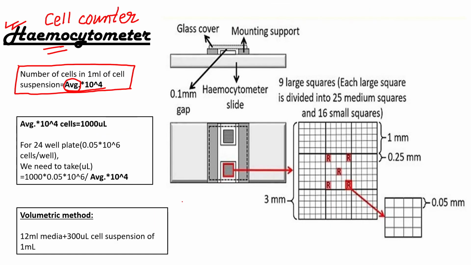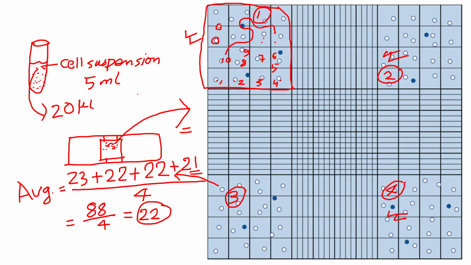In this way, you take the number of cells, 22, and multiply it with 10 to the power 4. This much number of cells are present in 1 ml of cell suspension. But here you have dissolved the cell pellet in 5 ml of media.